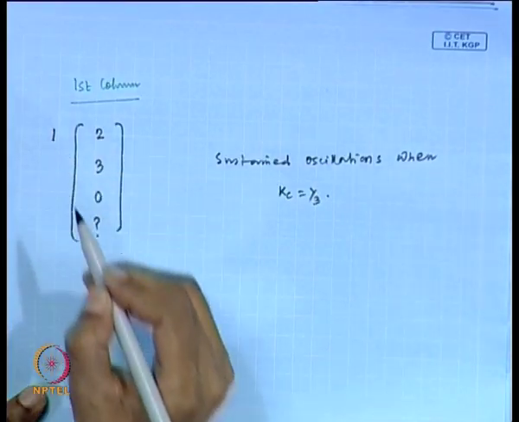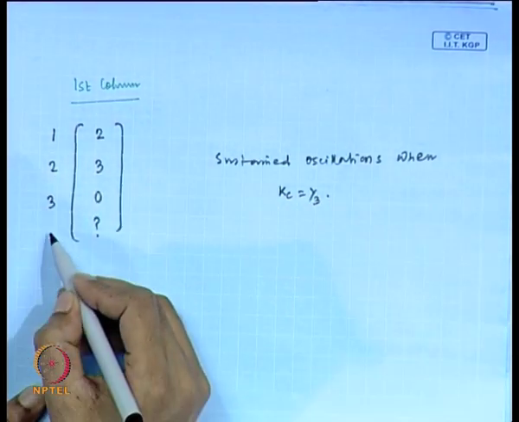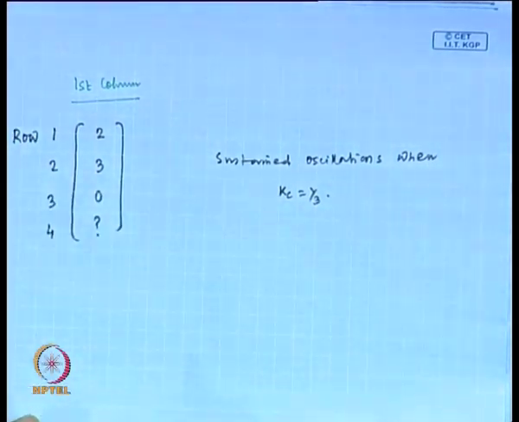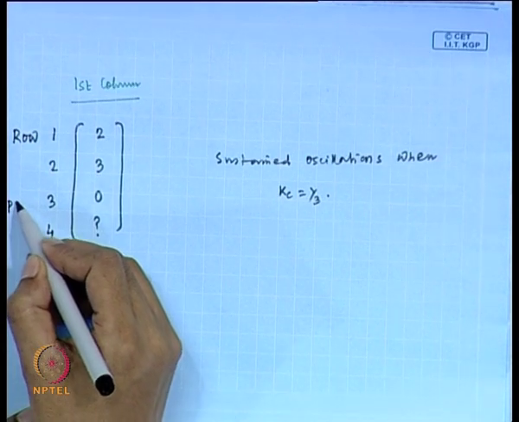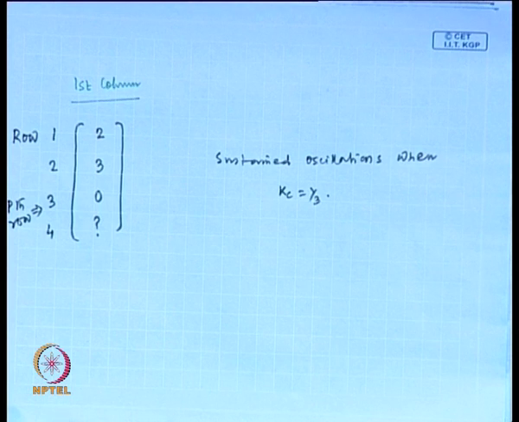We can determine. Say this is first row, this is second row, this is third row, this is fourth row. Suppose all the elements vanish from the pth row.